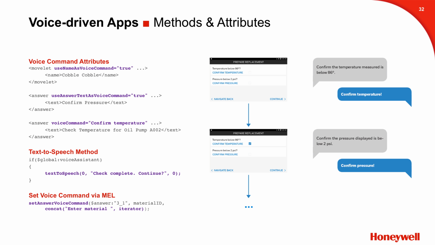In this example, we're even concatenating strings to a voice command, so we can have dynamic voice commands. That might be interesting, for example, if you have big lists and you have to select an item from that list, but you want to have a custom voice command, you need to be able to set voice commands dynamically.